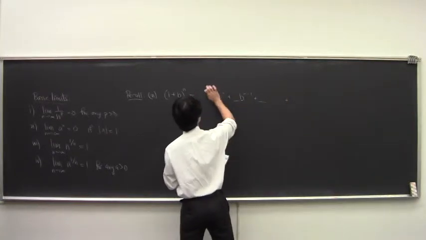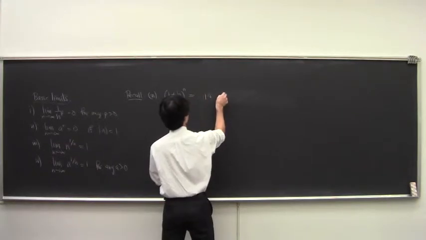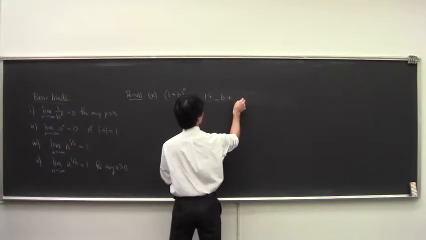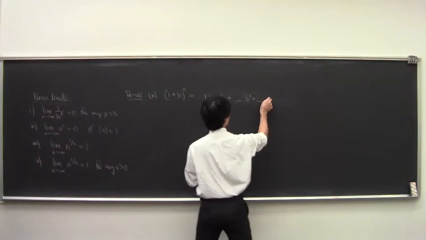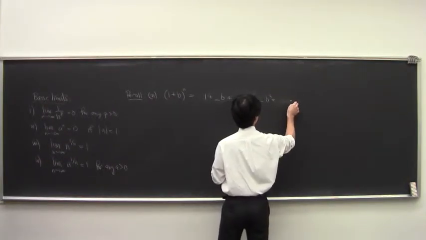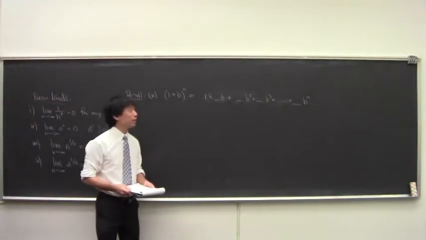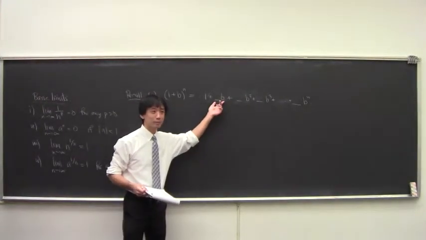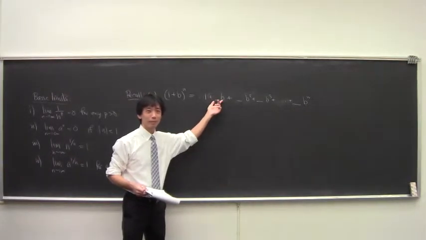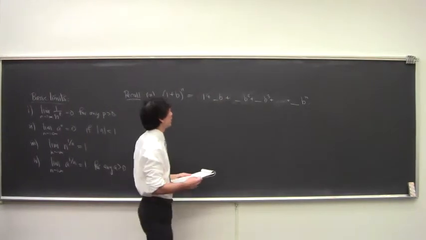Whoops, let me get this right. It's going to be 1 plus some number of b's plus some number of b squareds plus some number of b cubes plus dot dot dot plus some number of b to the n. Right. And where do these numbers come from? Pascal's triangle, right?